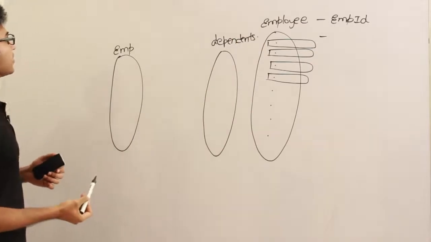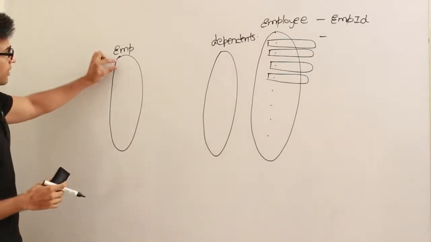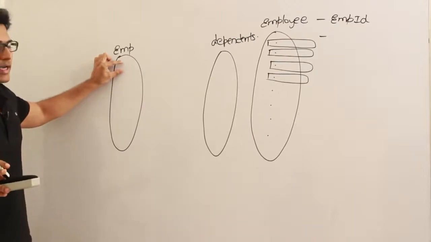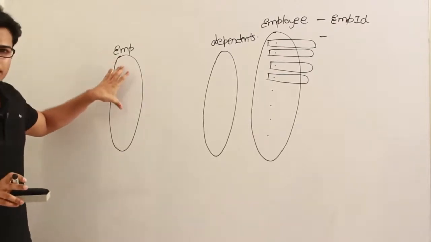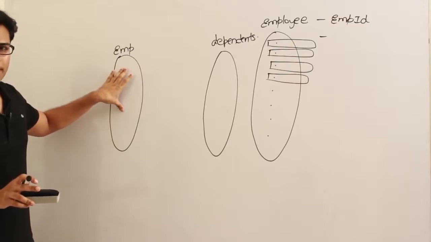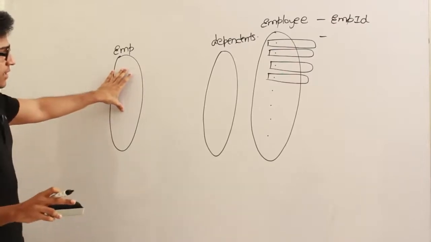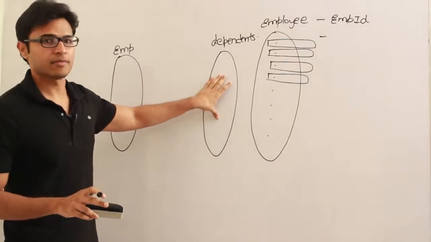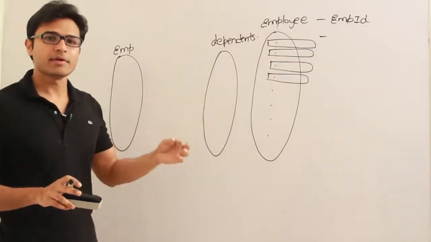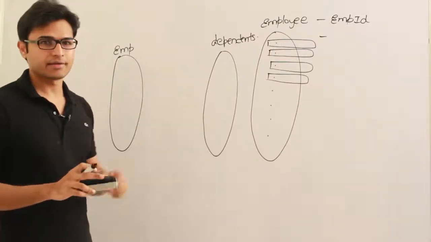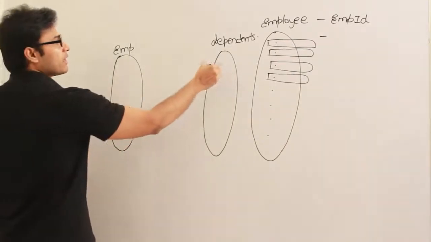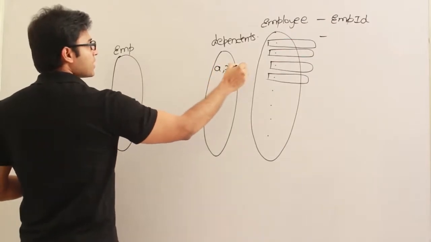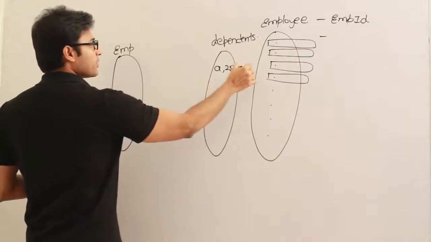The problem is, there will be at least one attribute in the employee, especially the employee ID, which is going to uniquely identify one entity in this employee type, right? But here in this dependent type, we might not have any such number. What we generally have is name, age and relationship. Let us say name is A, and age is 25, and relationship is, let us say, son of an employee, right?